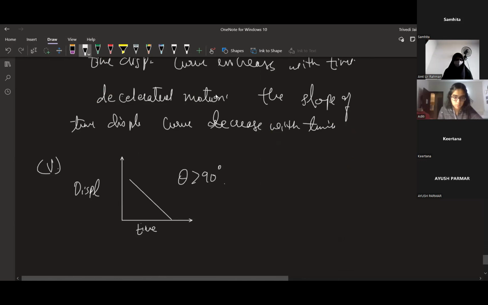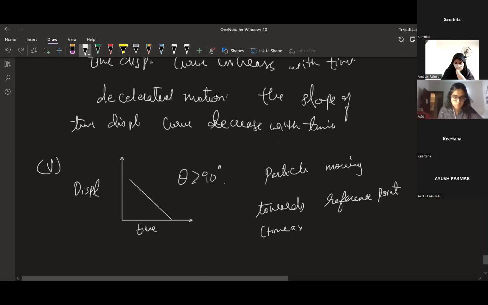So the particle or something is moving towards the reference point. So the reference point is your time axis, in this case.